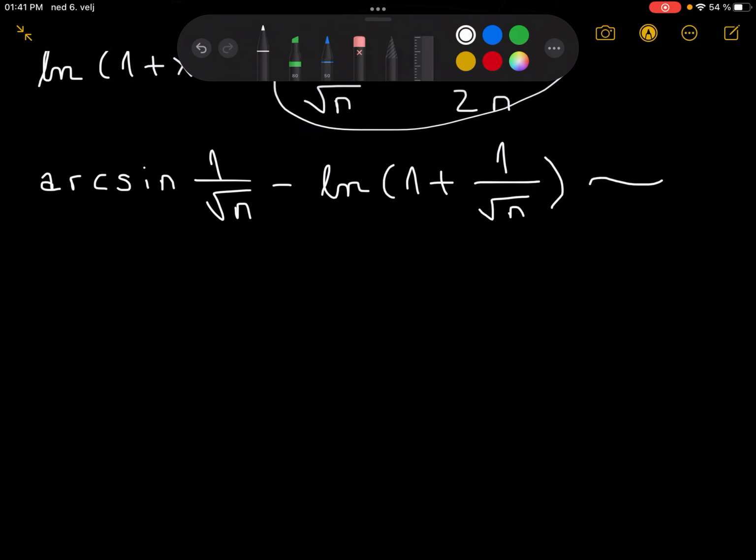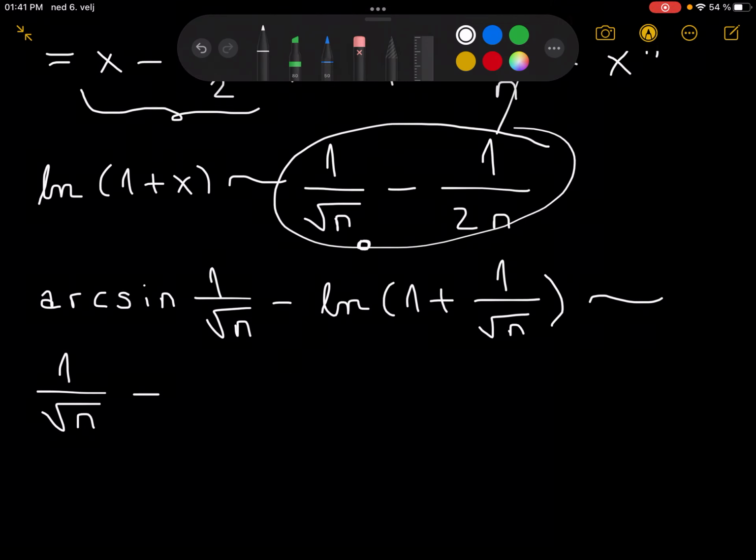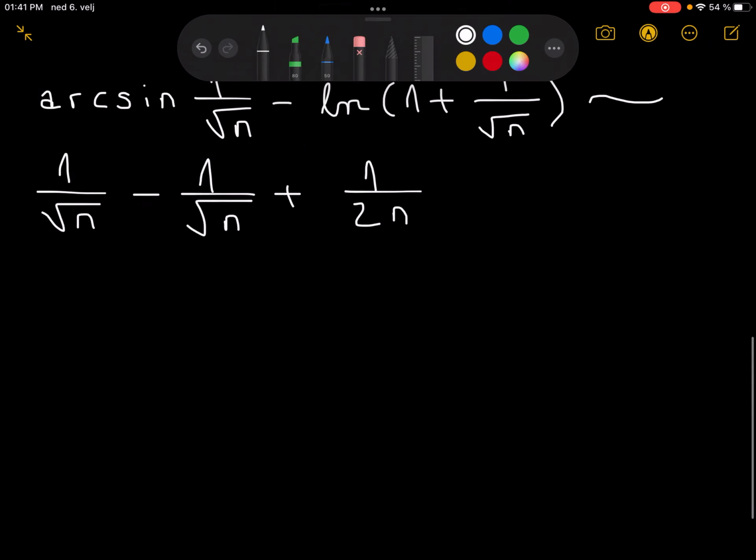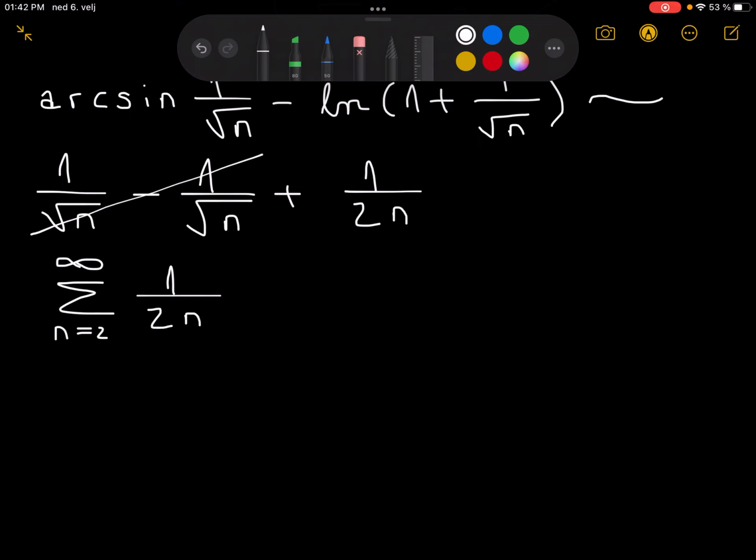We can say that this is asymptotically equal to 1 over the square root of n minus this value right here, so minus 1 over the square root of n plus 1 over 2n. Now these two will nicely cancel out. So we just have to see whether the series, as n goes from 2 to infinity, of 1 over 2 times n converges or diverges.